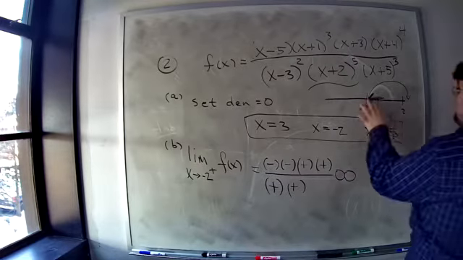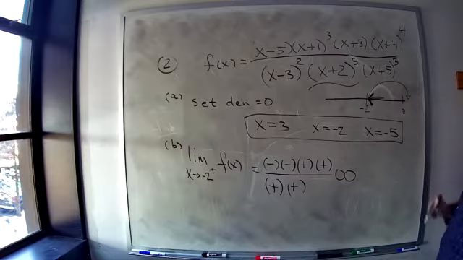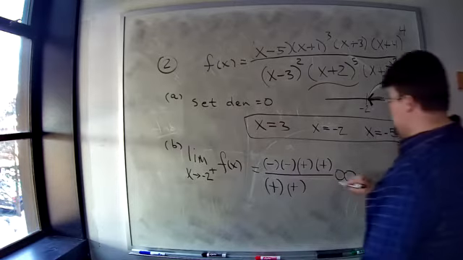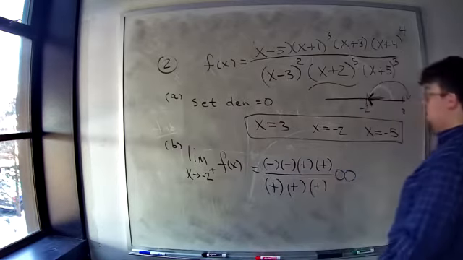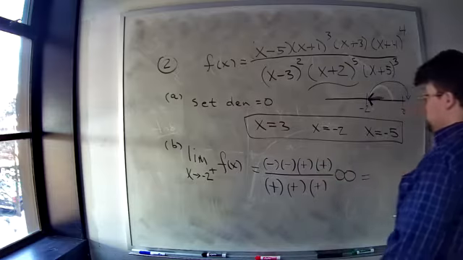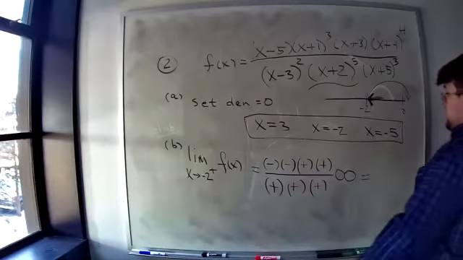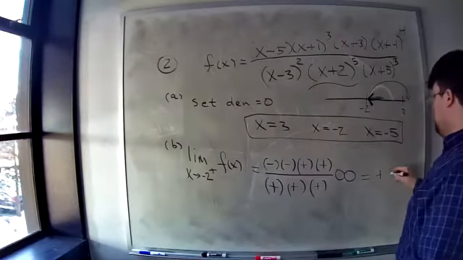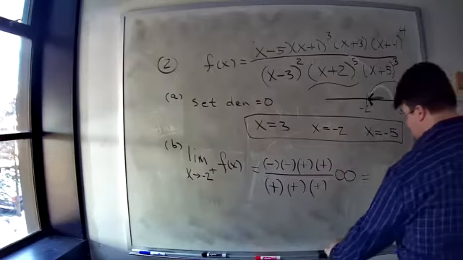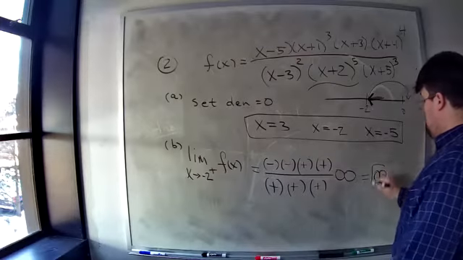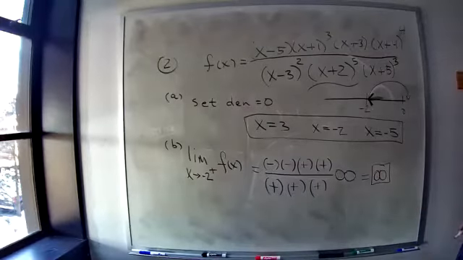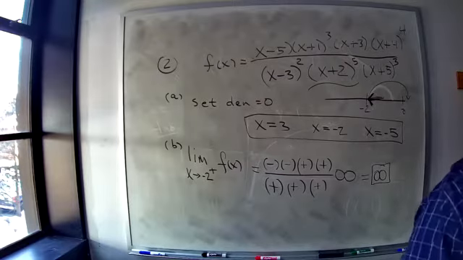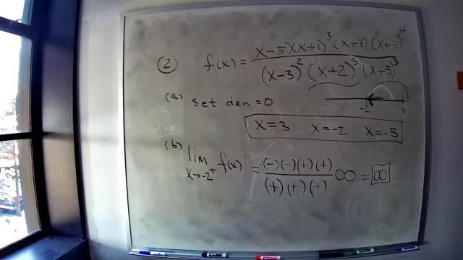And for this last piece, take these numbers, add 5, they'll become very positive, and cube that, positive cubed is positive. And now here, we just have to count our negative signs. Negative times negative is positive. And then all the other positives are positive. So on this side of -2, we have a limit of positive infinity. Any questions about part B?